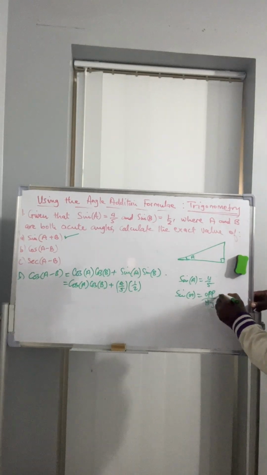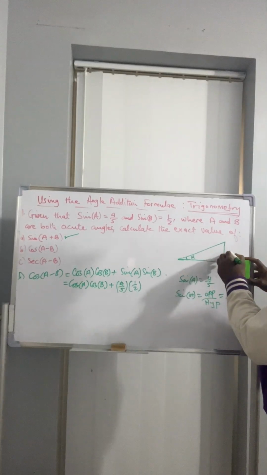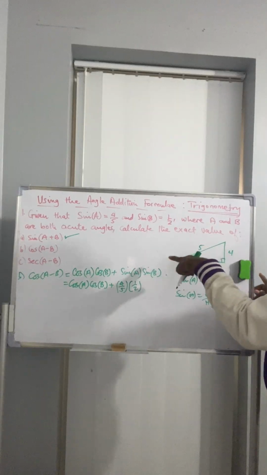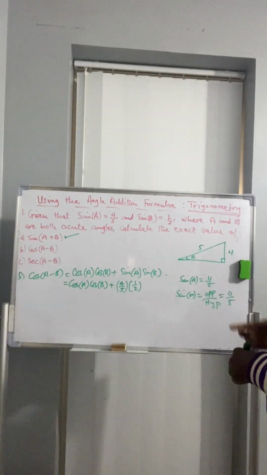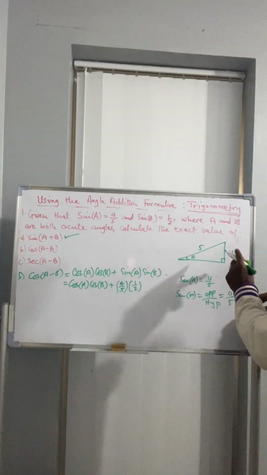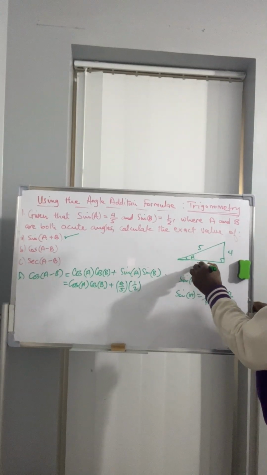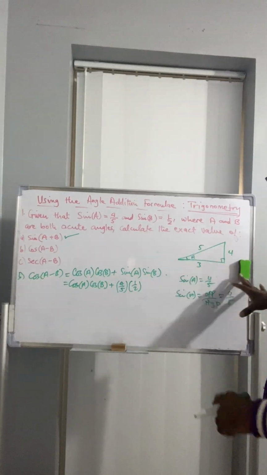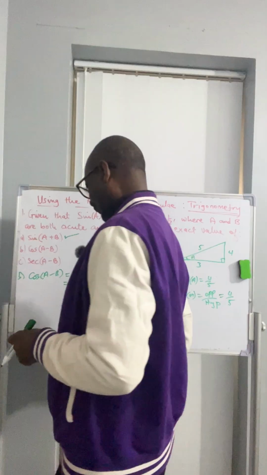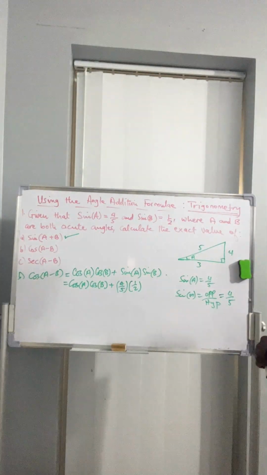So this is 4 all over 5. The opposite to this angle is 4. The hypotenuse to this angle is 5. This is the hypotenuse, the longest side of the right angle triangle. So then what is the length of the adjacent side? You know, it's a 3, 4, 5 triangle. It's a basic triangle. Use Pythagoras theorem. We have done that in the first video. We don't need to do it again. So this side is 3.